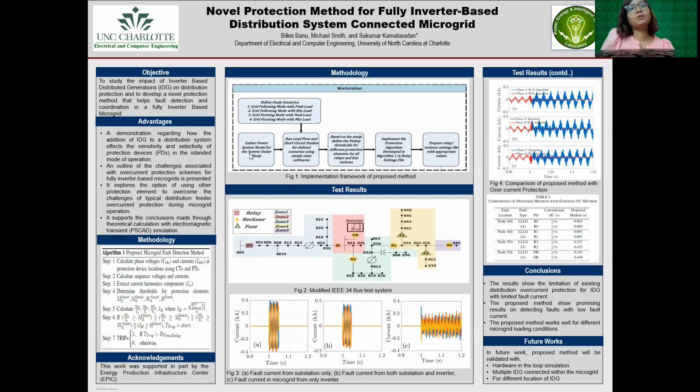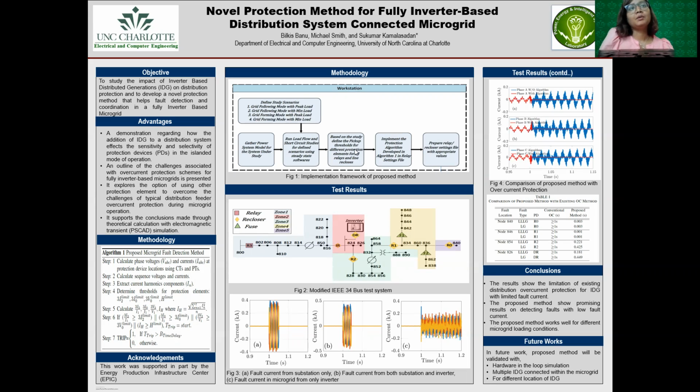At first we have to gather the power system model for the system study. For the study we used grid following mode of the inverter with peak load and minimum load, and grid forming mode of the inverter with peak load and minimum load, and then ran the load flow and the short circuit.